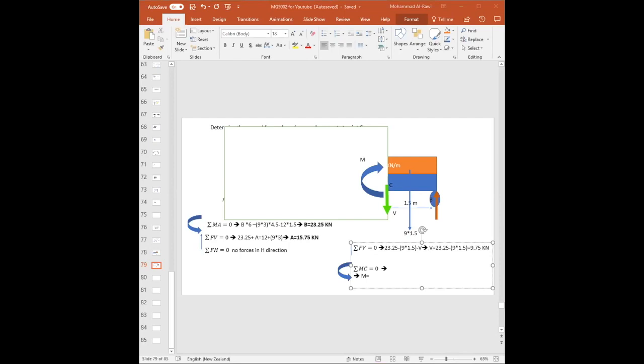Okay, the rest, Min, you're getting it negative. It depends on the direction you're assuming the moment. So shear force, imaginary cut.